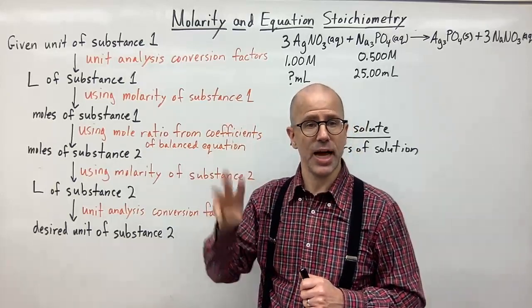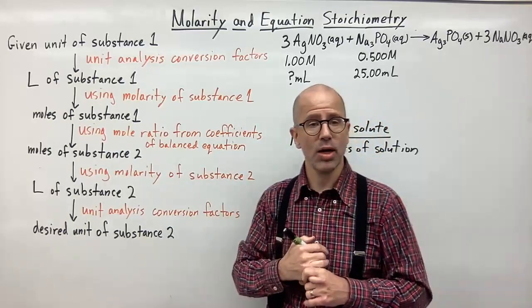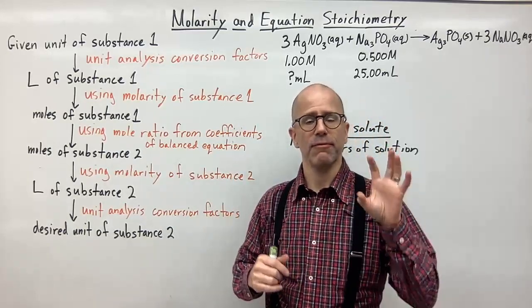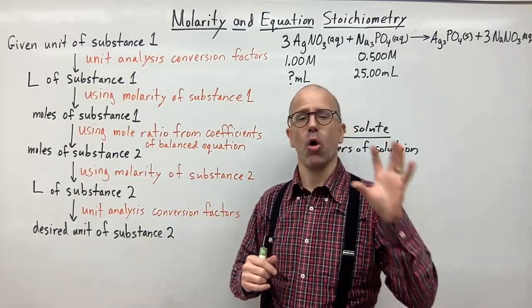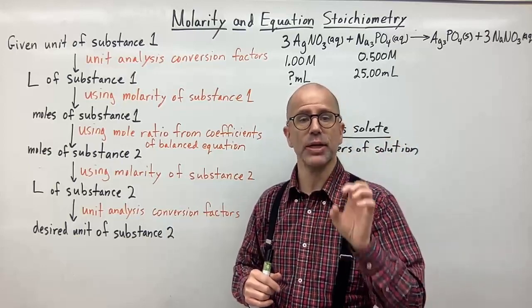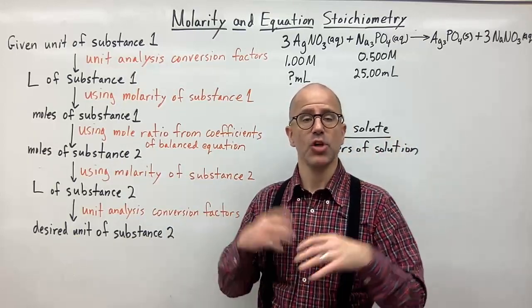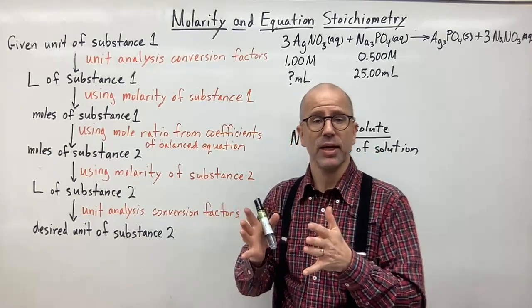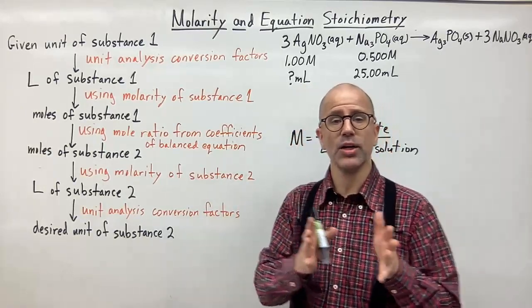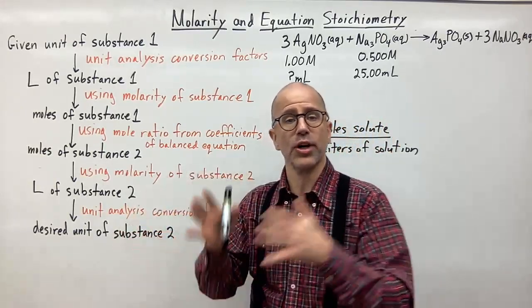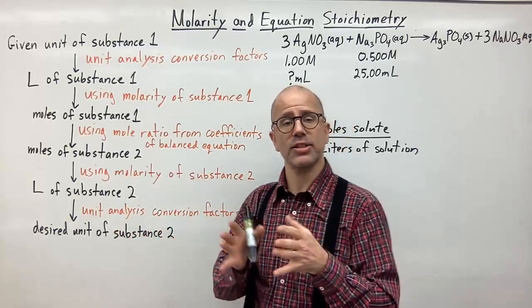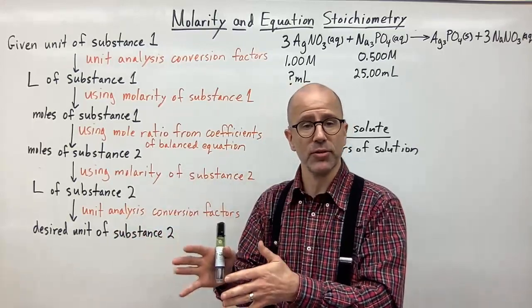Again, there are 3 steps. Step 1, whatever unit you're given, the first ultimate goal is to get to moles of that substance. So if you're given a unit of substance 1, you want to get that to moles. You're going to find conversion factors to help you get to moles of that substance.